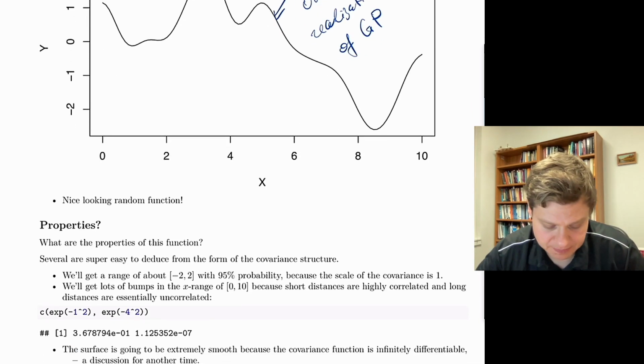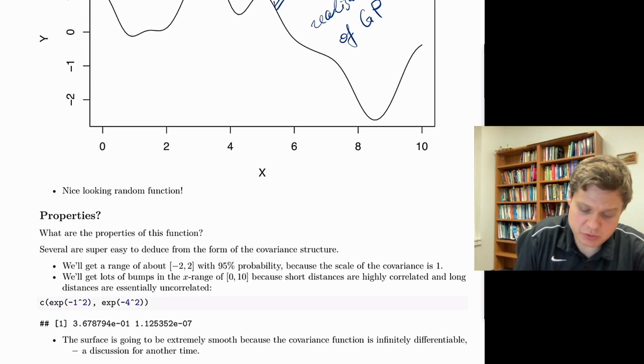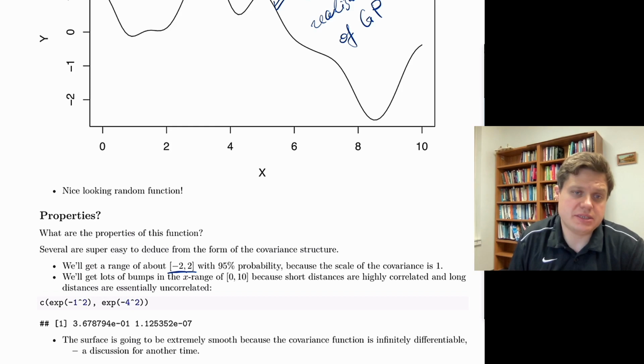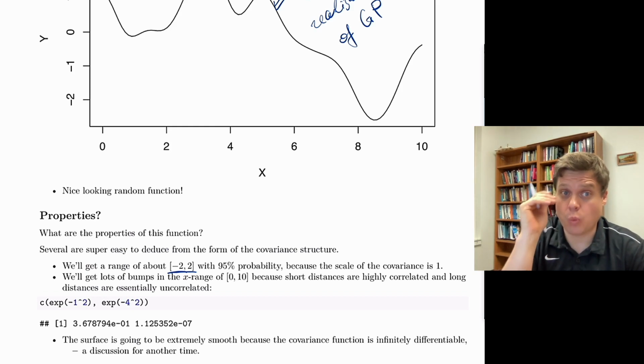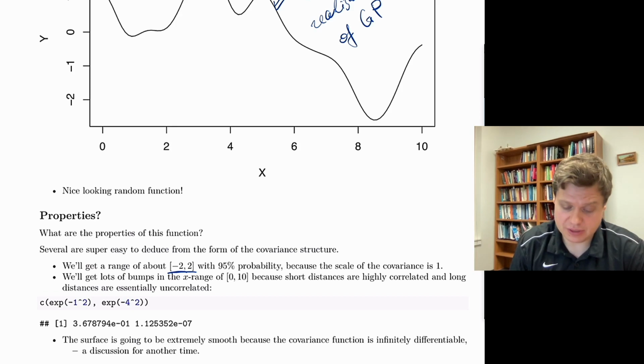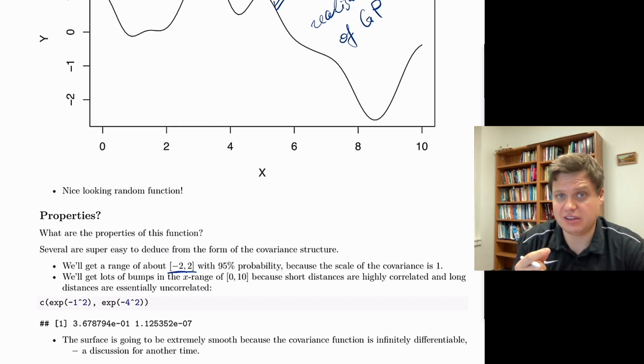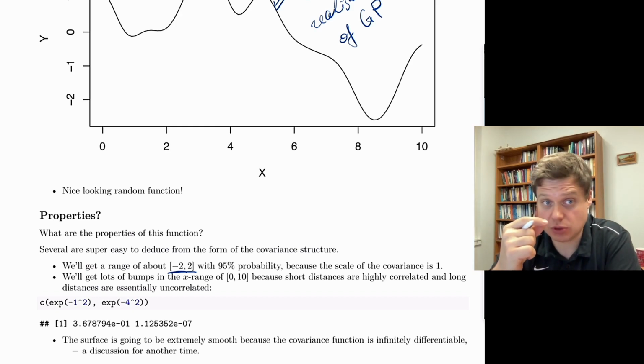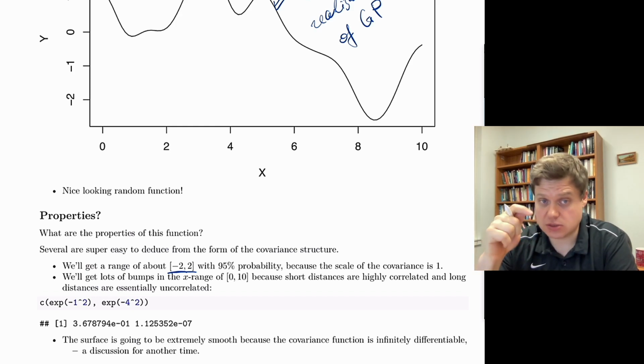Okay, so what are the properties? Let's look at this. So it ranges between -2 and 2. That makes sense. We know that our covariance is at most 1, so it cannot be greater than 1. So 95% confidence interval, and things are normal. You remember that y follows multivariate normal, meaning that each individual value of y also follows normal distribution, mean 0, and then the variance does not exceed 1.